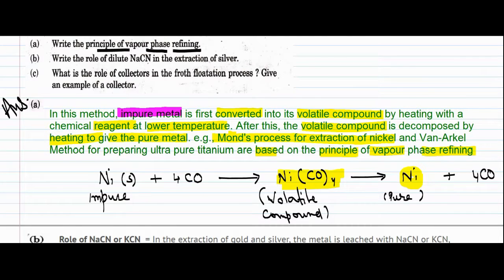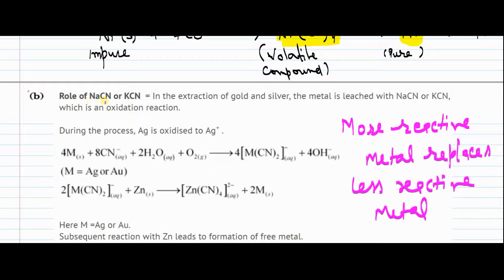Role of NaCN or KCN in the extraction of gold and silver. The metal is leached with NaCN or KCN, which is an oxidation reaction. During the process, Ag is oxidized to Ag plus 1, and more reactive metal replaces less reactive metal.